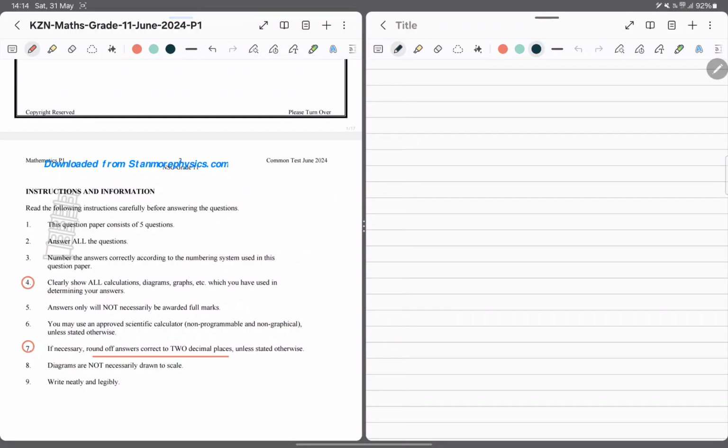So again here, strictly 2 decimal places, no more, no less. And if we do any calculations, we need to show everything, including the diagrams or graphs we may have used, and absolutely anything that is applicable.